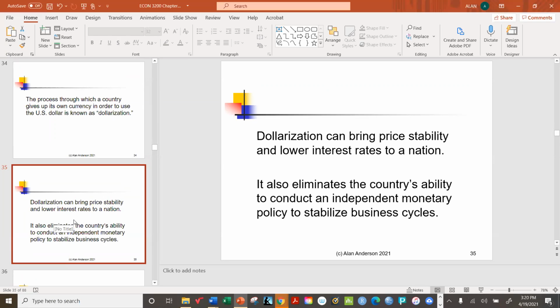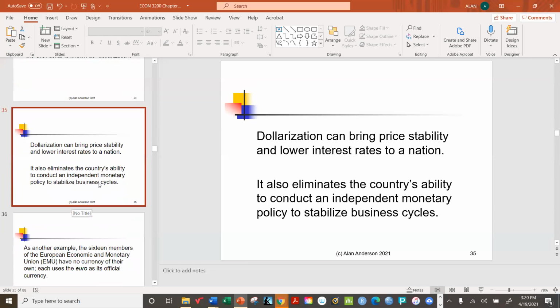Now, of course, as I said, it also means you're losing your ability to conduct an independent monetary policy. Also, what can happen is that if the dollar gets very strong, that can make Ecuador's exports extremely uncompetitive in world markets. And so that can cause problems within the country because they obviously depend very heavily on exports for their GDP.